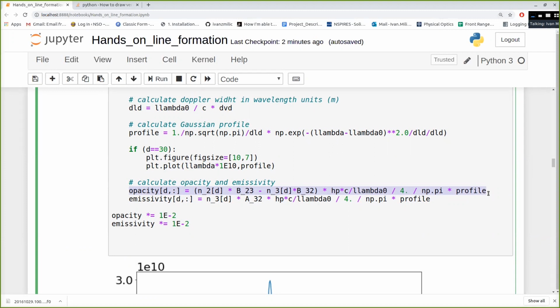Basically, what we call cross section here would be everything except n. So the cross section would be B23 minus G3 over G2 B3 and so on, times n. So cross section is basically opacity per absorber.